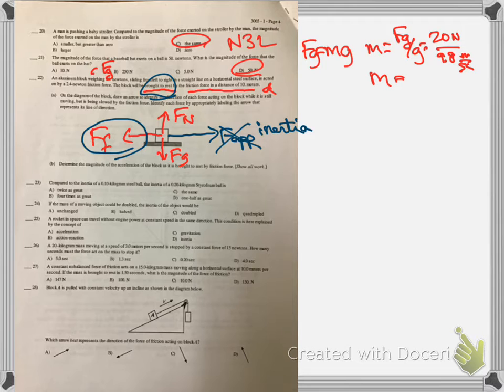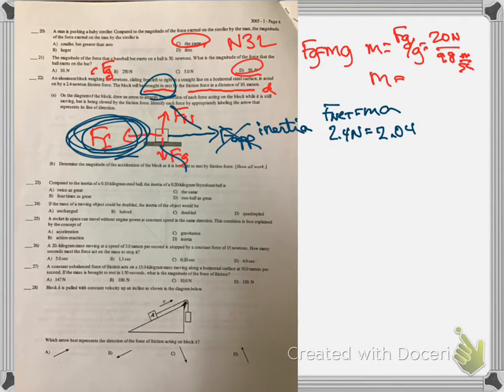Determine the magnitude of the acceleration of the block as it's brought to rest by friction. So our equation's F net equals ma. You look at your picture here, the only force that's acting on it that's not balanced, these two balance each other, is Ff. So that 2.4 newton friction force is our net force. The mass I just figured out was 2.04.